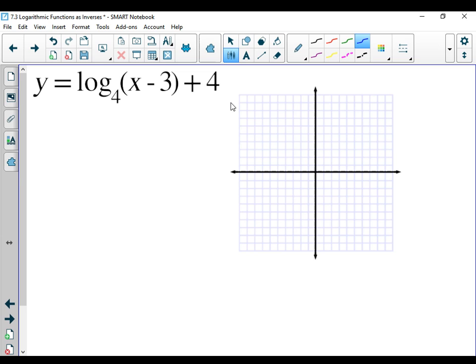So which way does it move? Right 3 and up 4. Your parent function is just log base b of x.